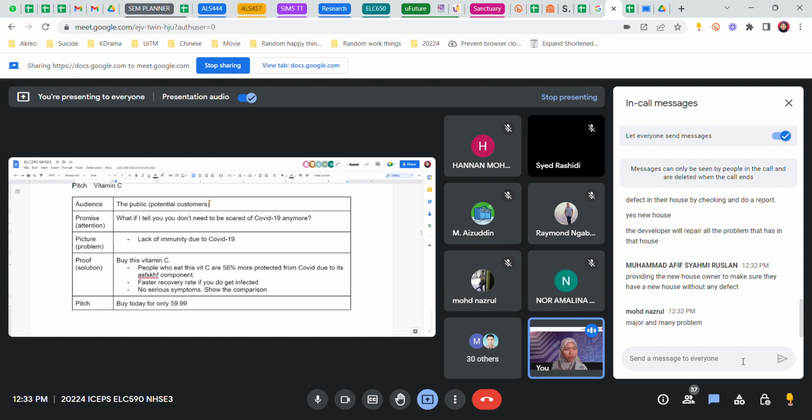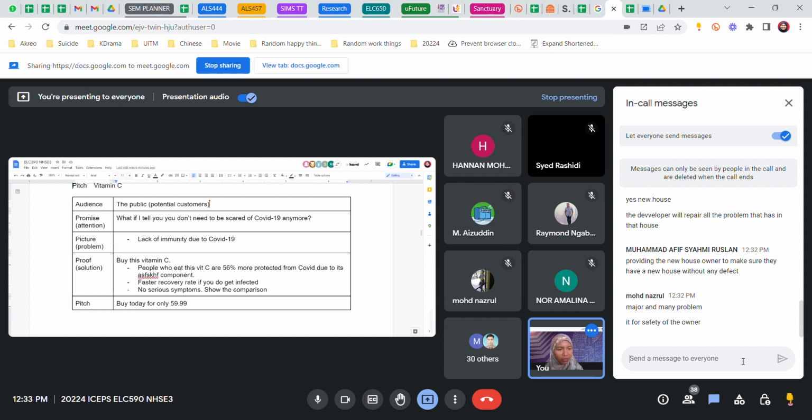Providing the new house owners to make sure they have a new house without any defect for the safety. Okay. Safety is an angle that you can focus on.